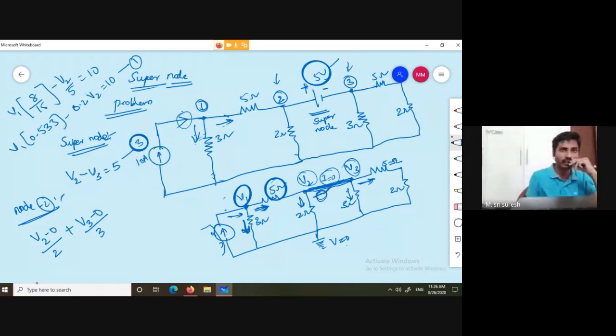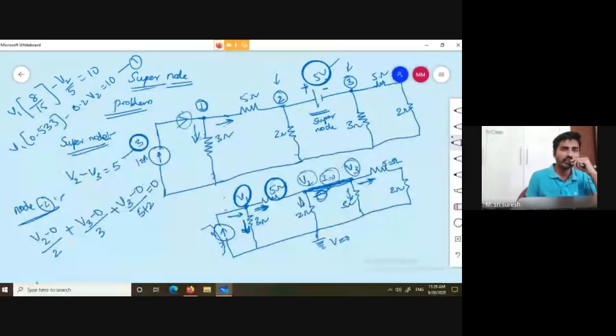And I am writing the 5 ohms and 2 ohms which are connected in series, because the same current will be passing into the 5 ohms and 2 ohms which is connected to V3. So V3 minus 0 by 5 plus 2 is equal to 0.